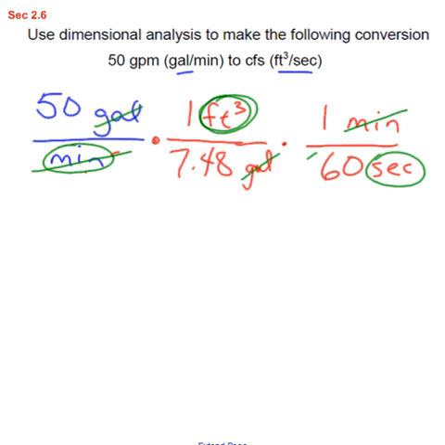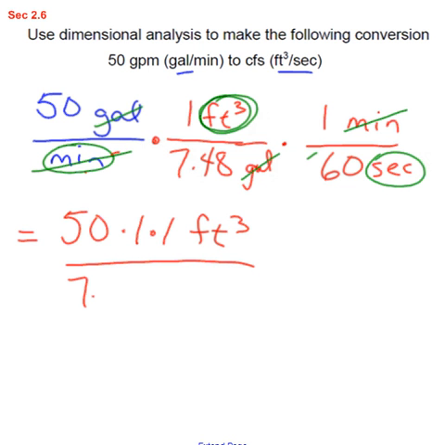So now I have to multiply across the top and bottom. So I have 50 times 1 times 1 on the top, cubic feet, and 7.48 times 60 on the bottom, and that's seconds.